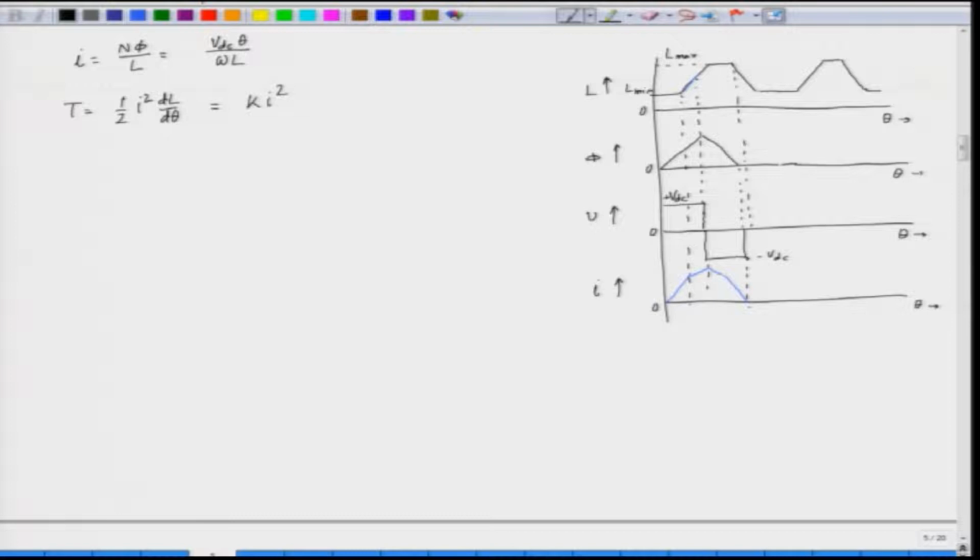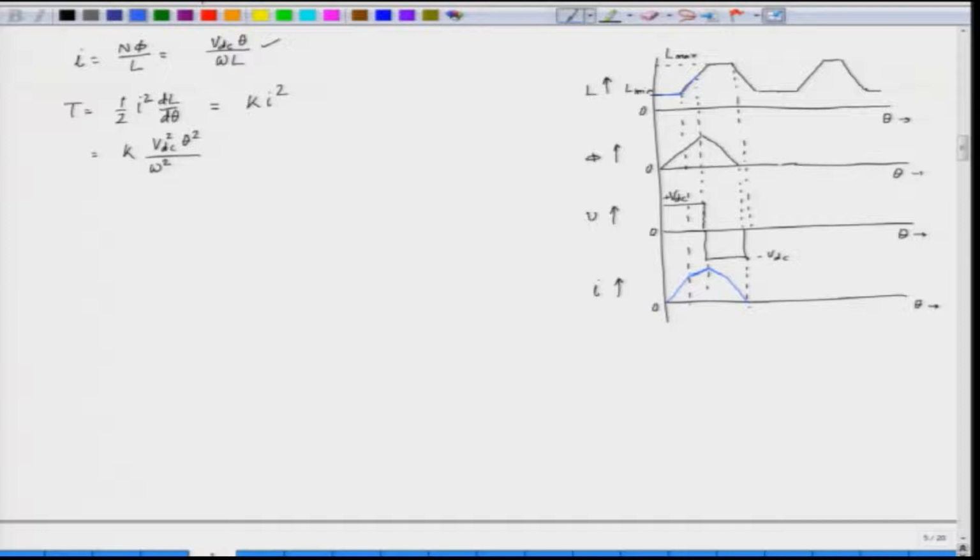So, the current is given by this equation. So, that is equal to, we can say that T is equal to k VDC square theta square by omega square, and since the current is mostly rising during L minimum, the current almost reaches the value before the beginning of positive dL by d theta.